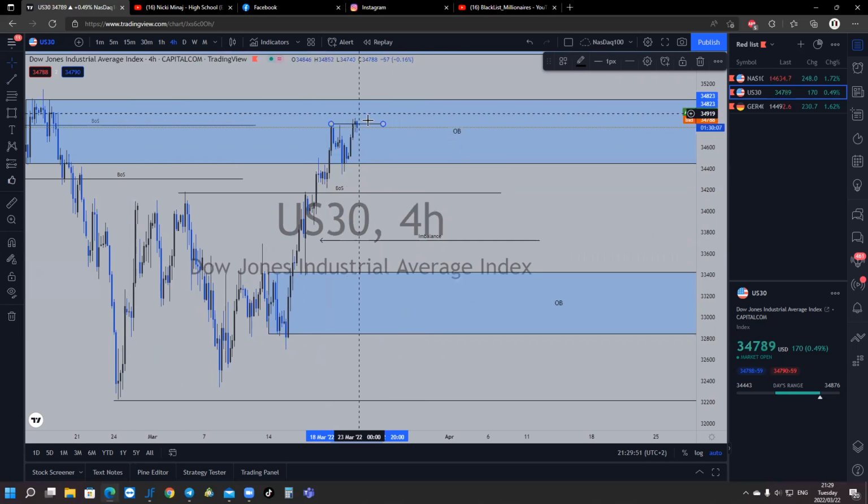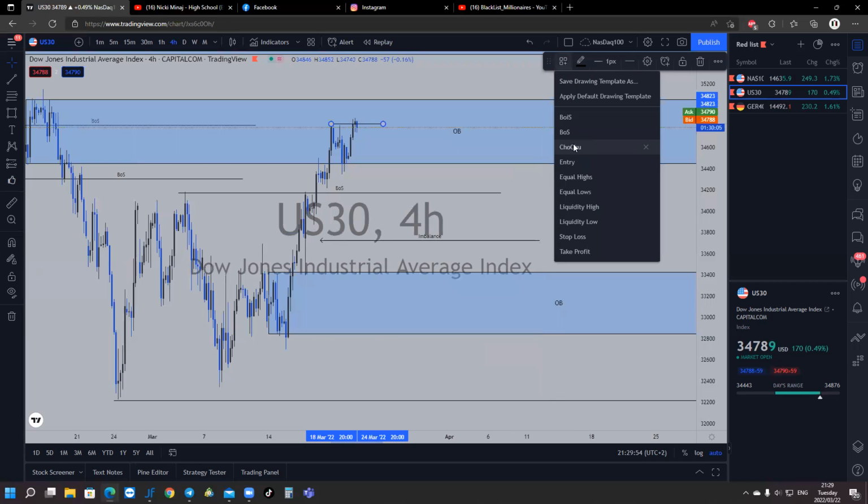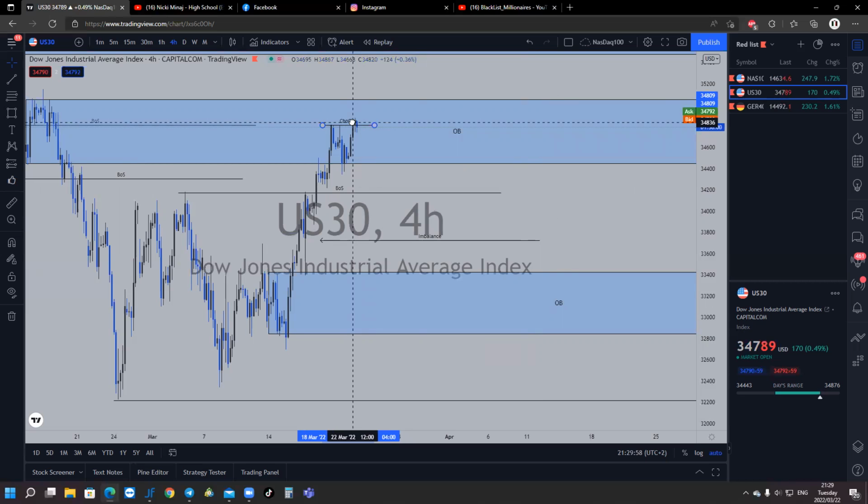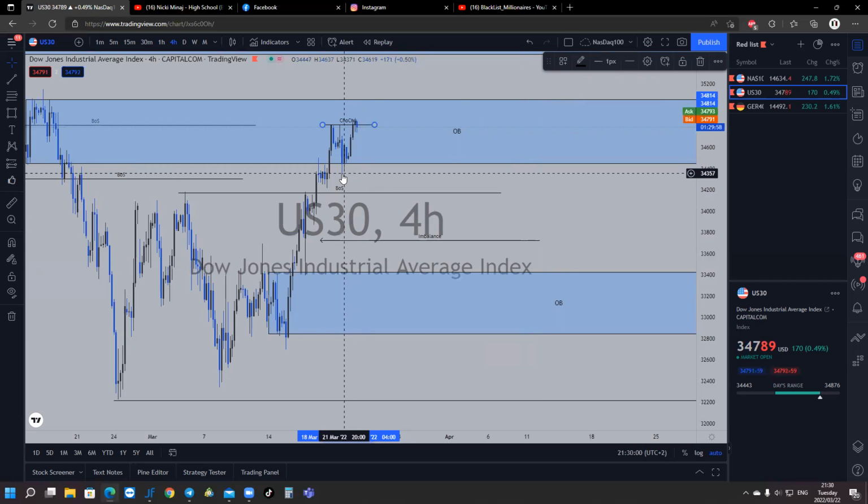The market has broken this area, and before we enter, we need to wait for the market to break the low area here. The break of market structure needs to happen here, and that's when we'll enter our sell going to the downside.